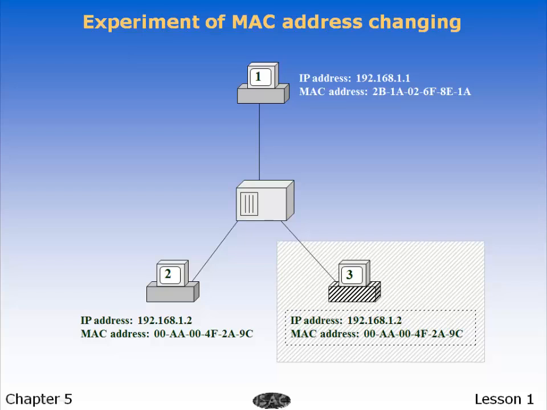This experiment was done because some specialists insist that it's impossible to do. It's impossible to double the packet. It's impossible to read the packet and send it to the destination from the fake computer.